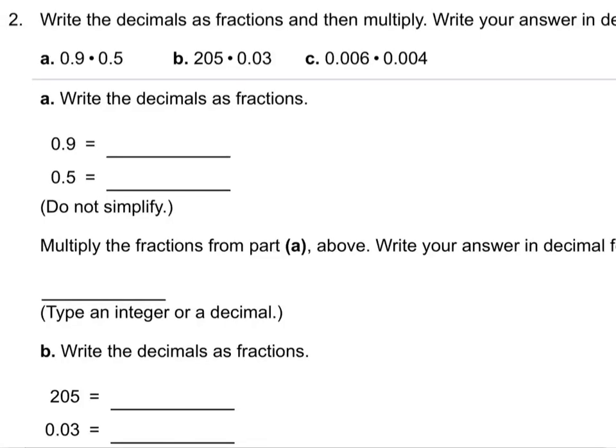So the rules, I imagine you remember the rules. If I want to multiply 0.9 times 0.5, I want to multiply decimals by hand. Do you remember the rule for doing that? How do you do that by hand?